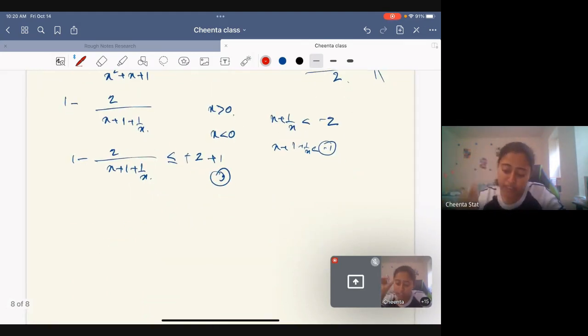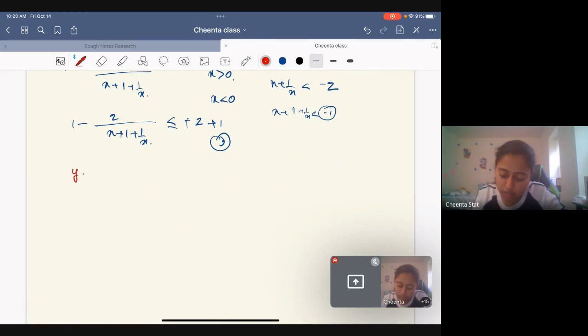But also, one thing we can do is y equals x squared minus x plus 1 over x squared plus x plus 1.